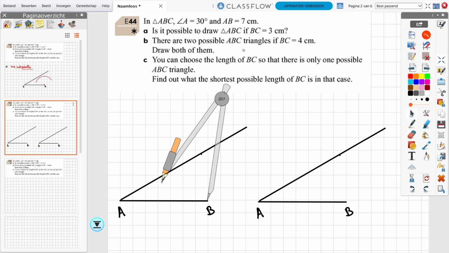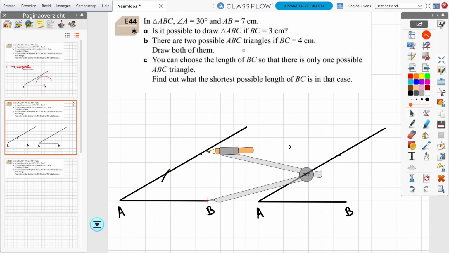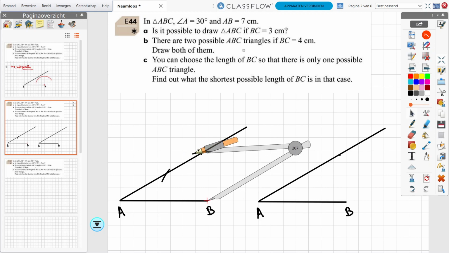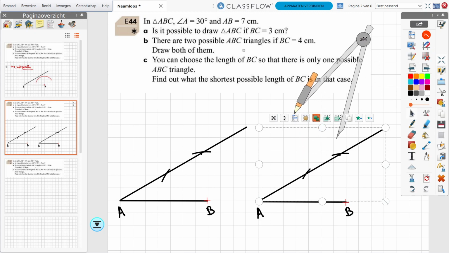If I now draw the semicircle, you see that it is going to be here and here where it intersects, right? Here as well. It would be here and here. Of course, the same drawing, so that shouldn't surprise you. And those are the 2 possibilities. So apparently there are 2 triangles that here I could draw.